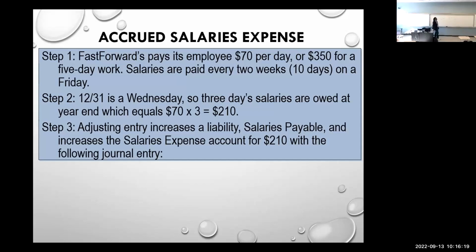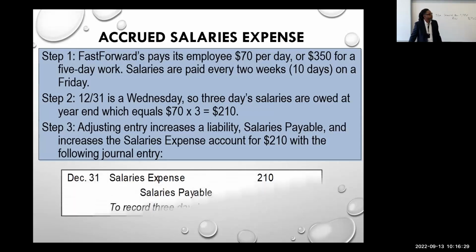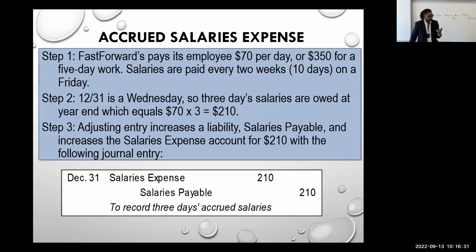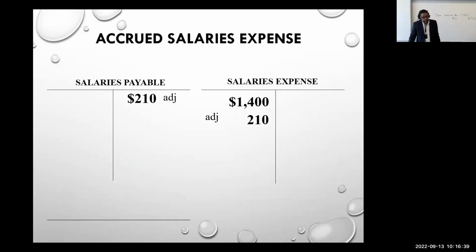December 31st is a Wednesday, so 3 days of salaries owed, $210. So the adjusting entry for the $210 is debit the salaries expense, credit the salaries payable. That's to show they owe for those 3 days in that year, right? Then, oh, this is just the T account.